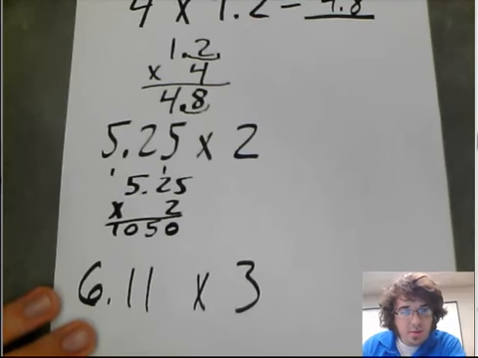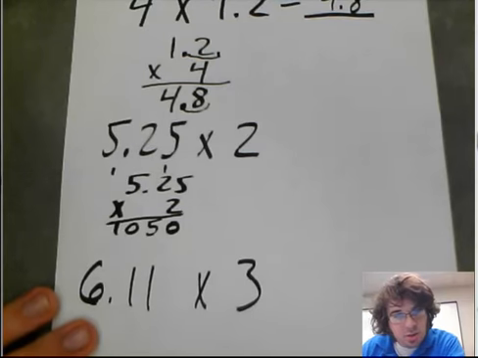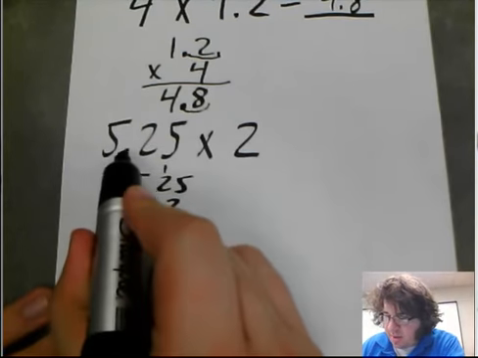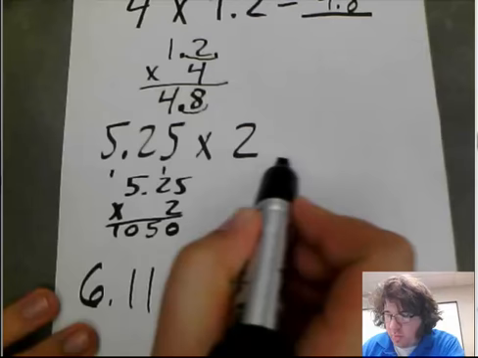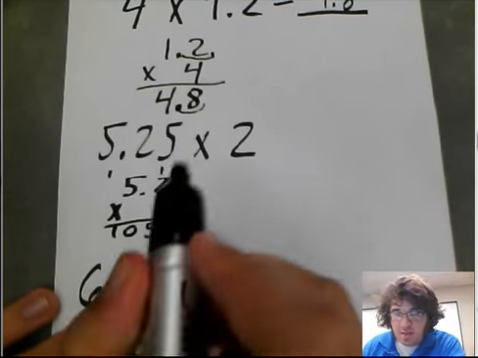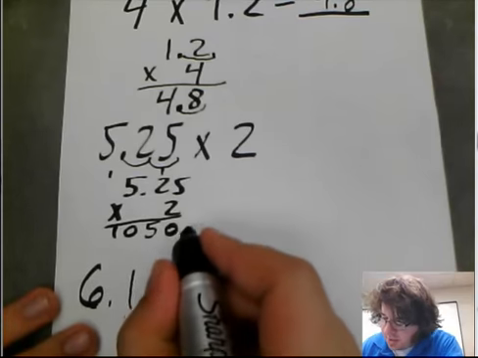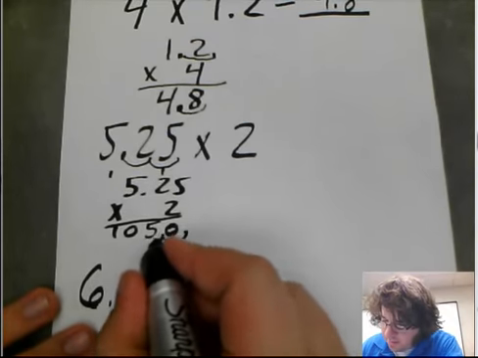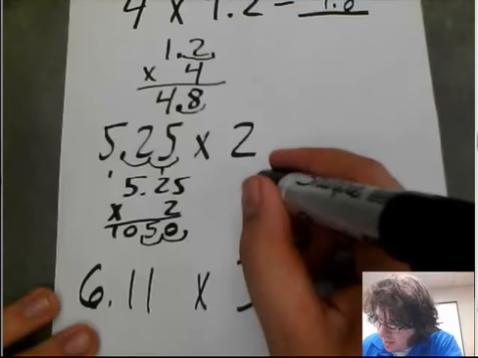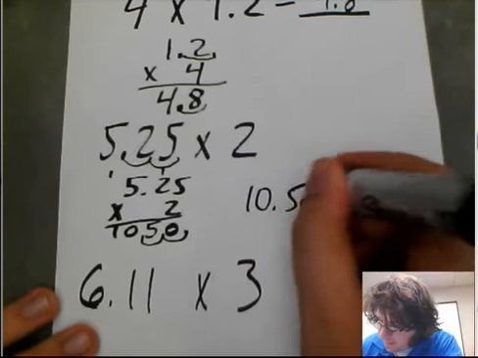Now I look for how many spots after the decimal place are in what we're multiplying together. I have 1, 2. So I'm going to move this 1, 2 over. So our answer is 10.50.